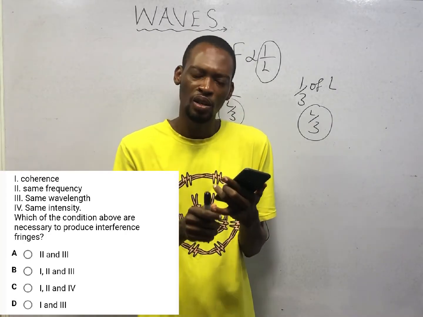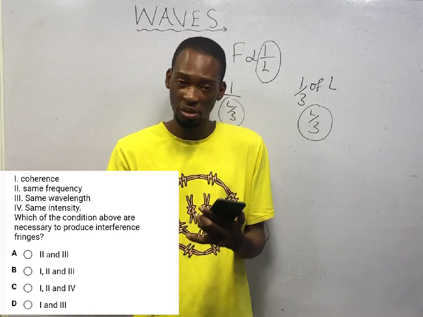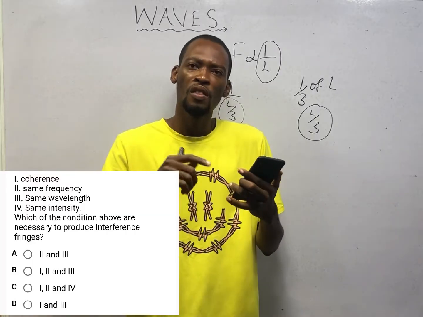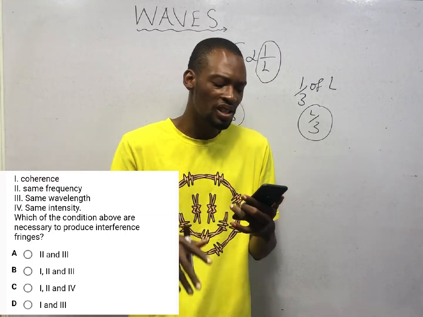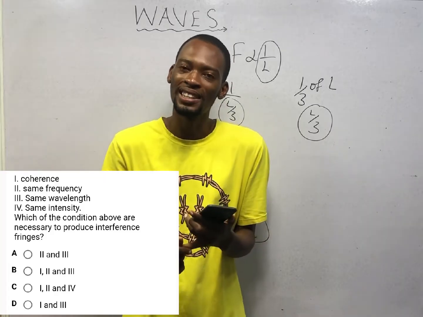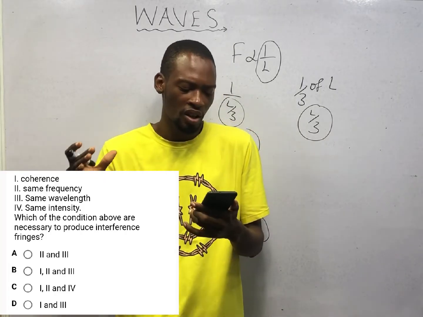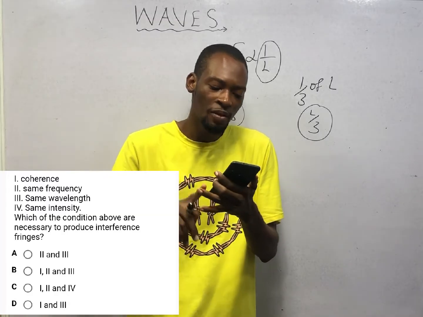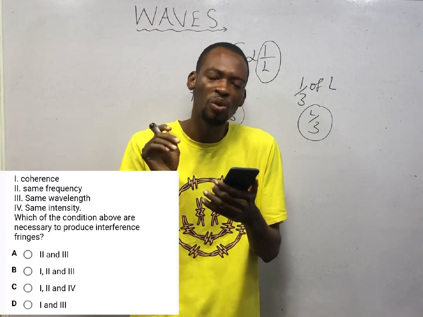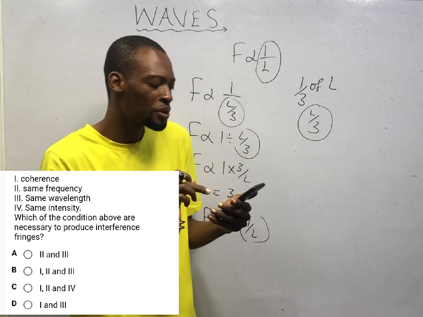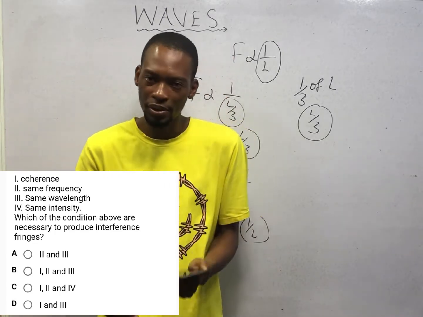I said one, we must have more than one vibrating source. Two, the waves must be coherent, which means they must have the same frequency and wavelength, either in phase or out of phase by the same value. Therefore, coherence, same frequency, and same wavelength are conditions for interference. Option B is the correct option.